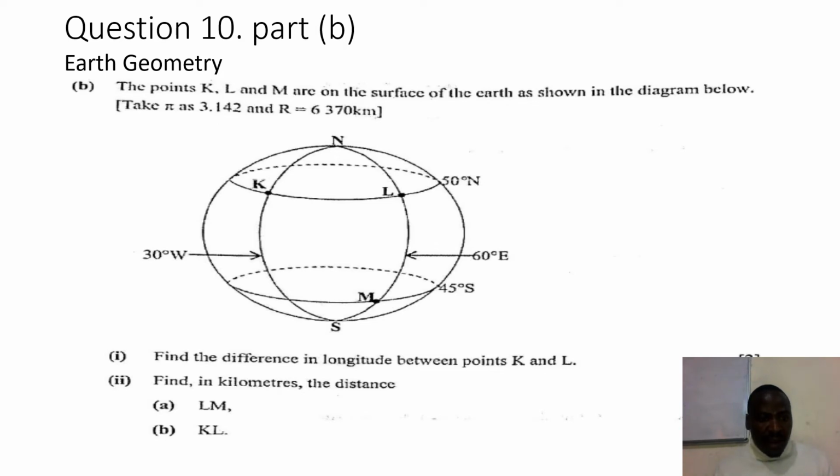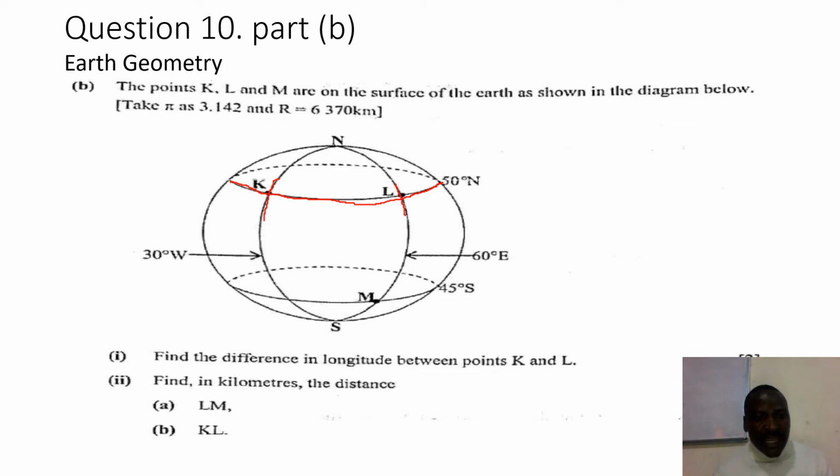So, question 1, they are asking us to find the difference in longitude between points K and L. You can see that point K and L are both on the same latitude, which is 50 degrees north, but they are on different longitudes.